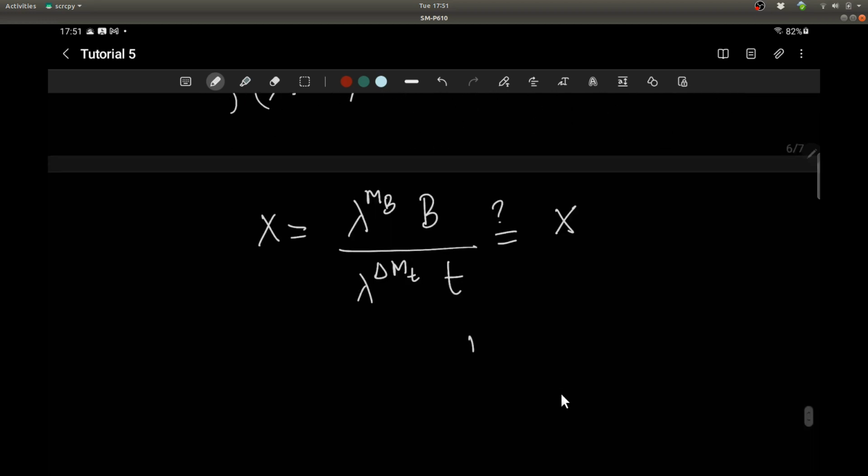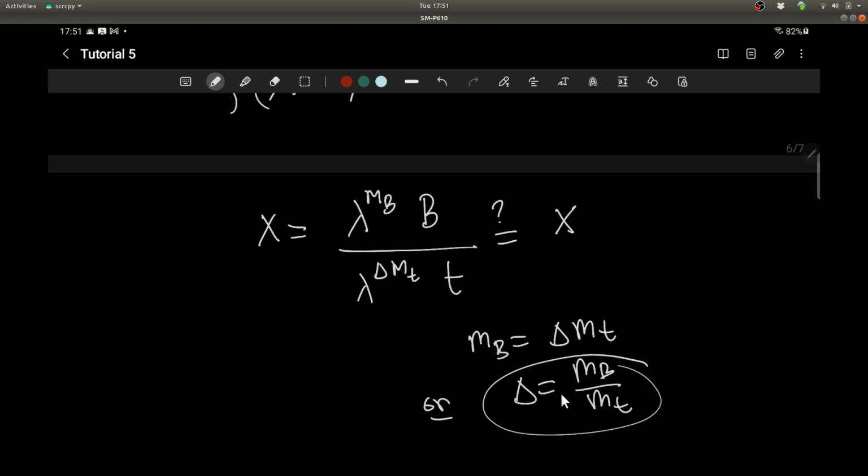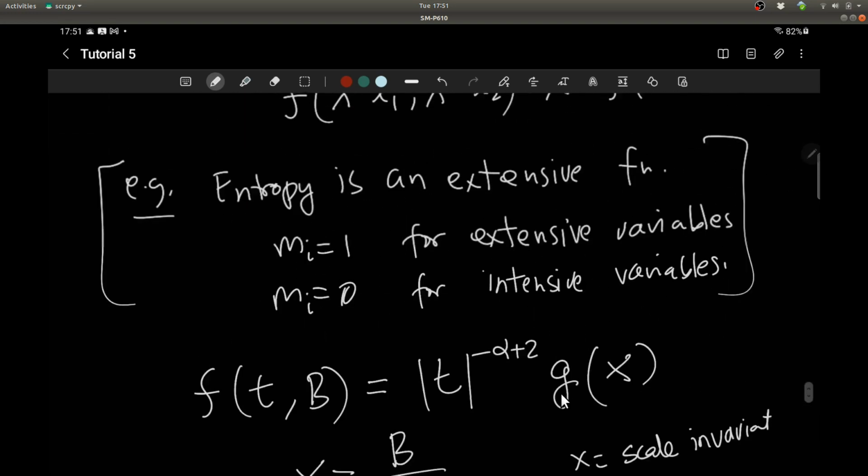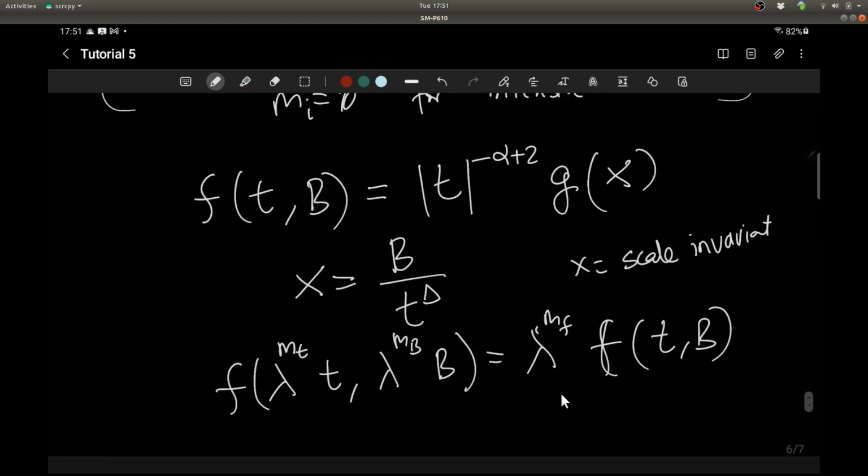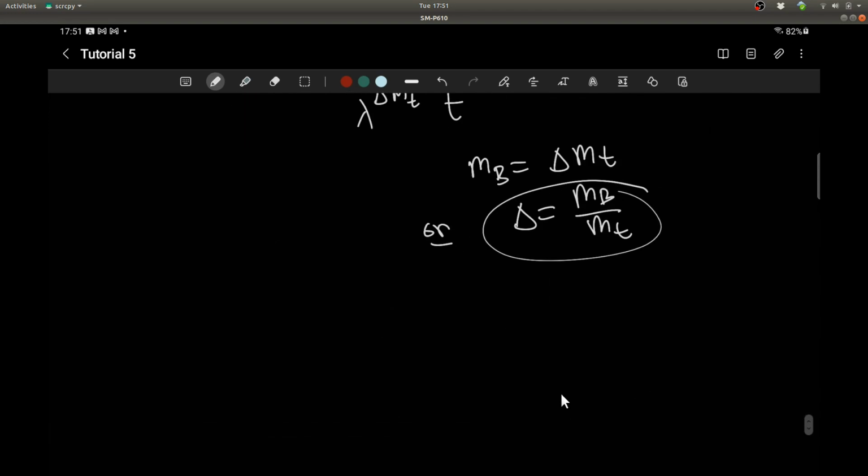So this will require mb equal to delta mt, or delta is mb over mt. Okay, that's what it means. So the scaling hypothesis says this, and the exercise for you is what is mf. Okay, so exercise.